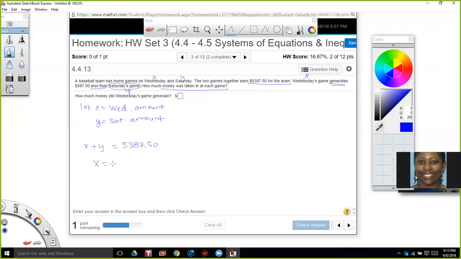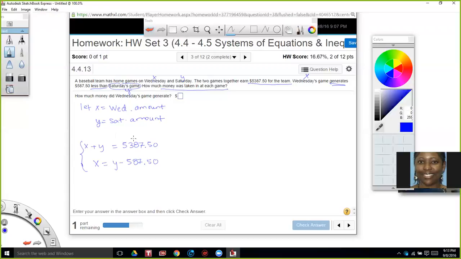So that will be translated as y minus $587.50. So this is your setup. This is your system to solve. So now the question is, which method are you going to use to solve it? Well, it doesn't matter which method. If you do use the elimination method, you need to move the y over to the left.